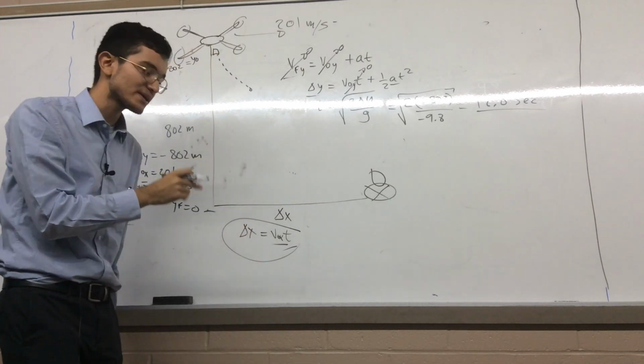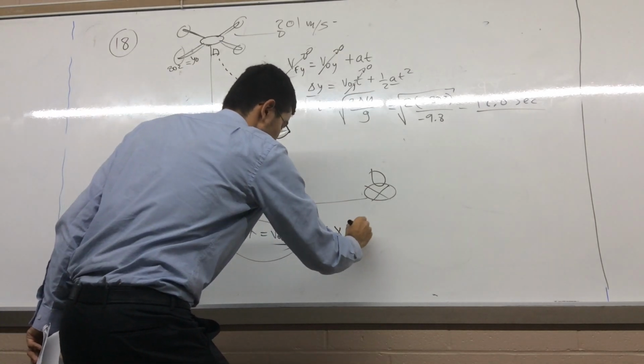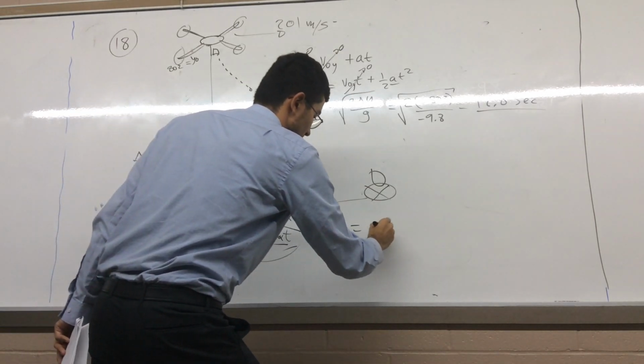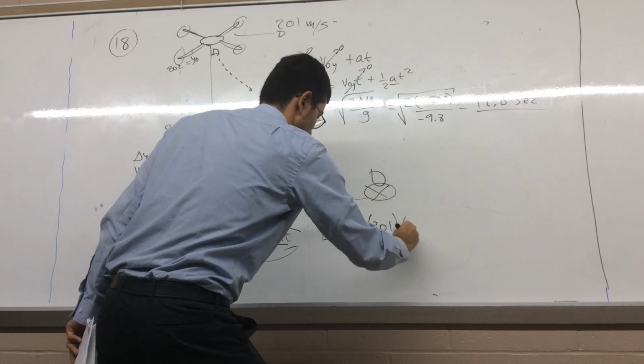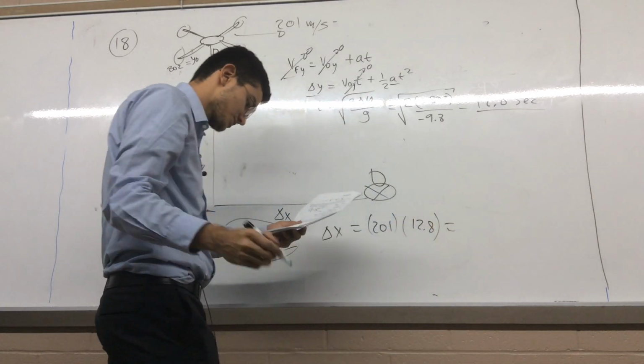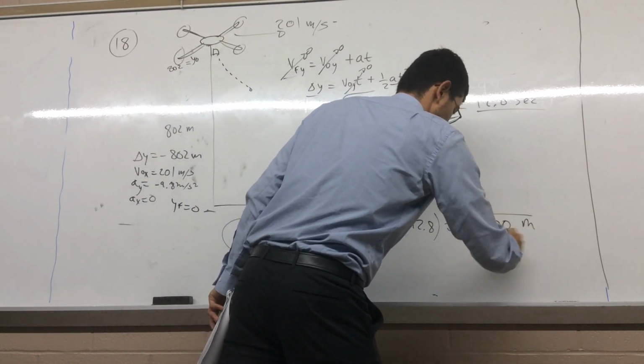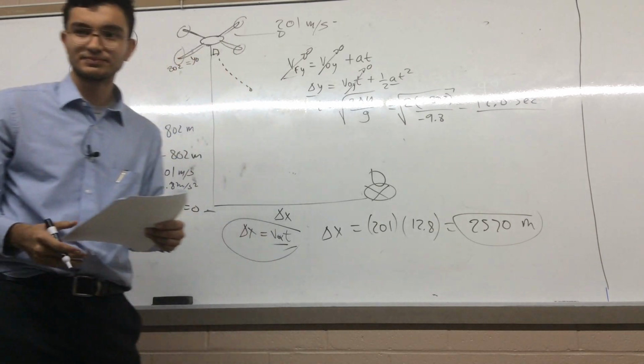So we plug in v0x is 201 meters per second, and it takes 12.8 seconds, and that should give you 2,570 meters. You got it?